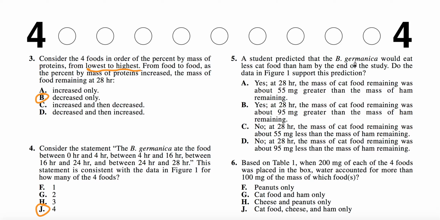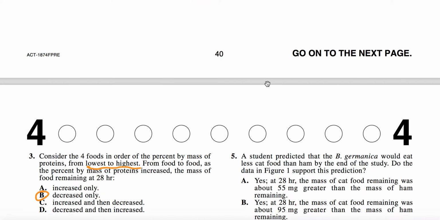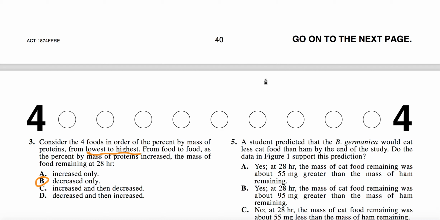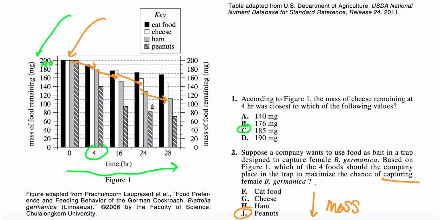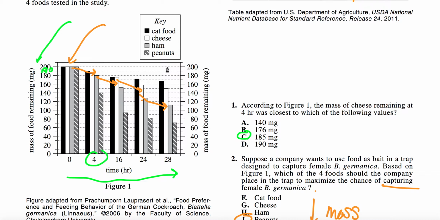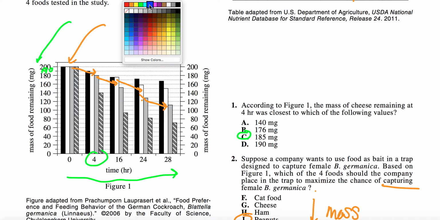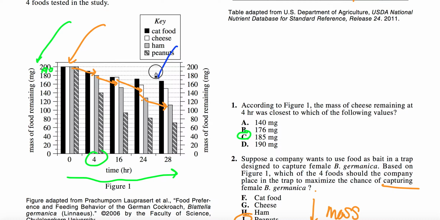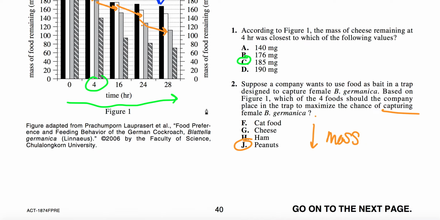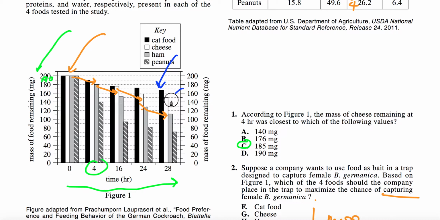A student predicted that the bee Germanica would eat less cat food than ham by the end of the study. The data in Figure 1 support this prediction. So less cat food than ham at the end of the study. Cat food is blue, cat food against ham. Is this false?